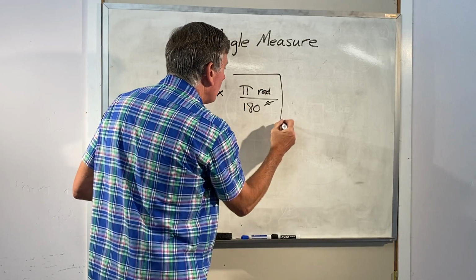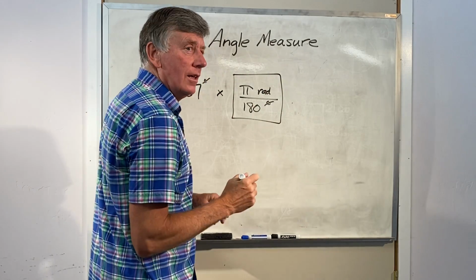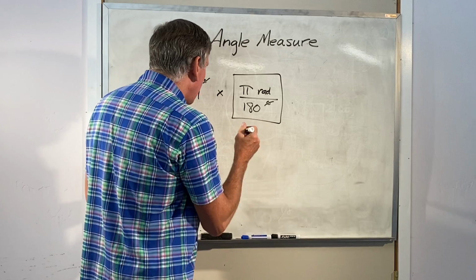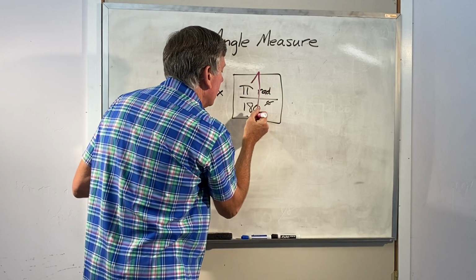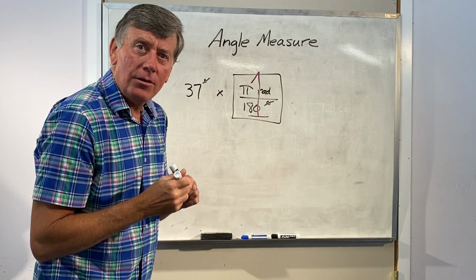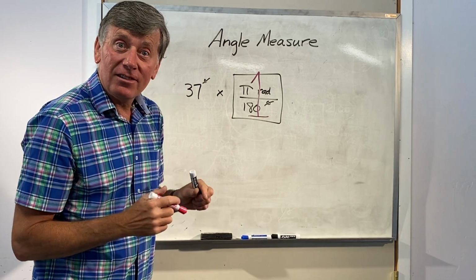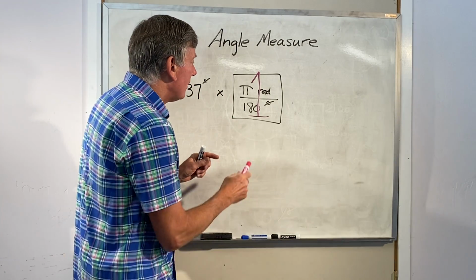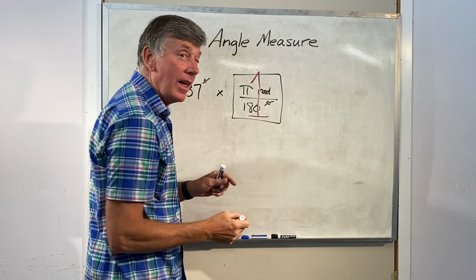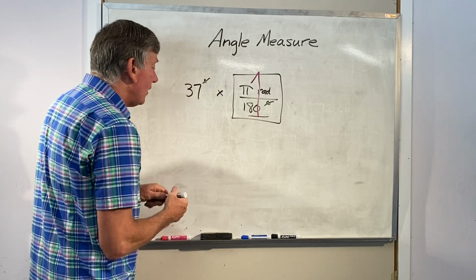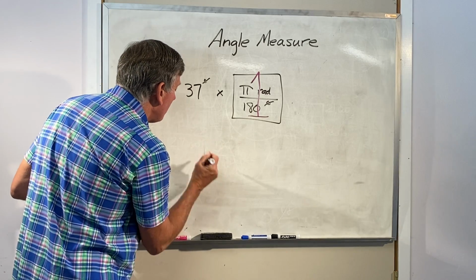This thing right here is nothing but a big fat 1. And 1 times anything is that thing. The reason it looks different is on the top I have radians, on the bottom I have degrees, but in the end it's that same feature.